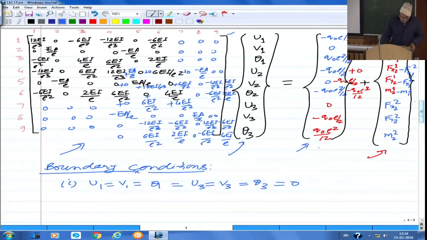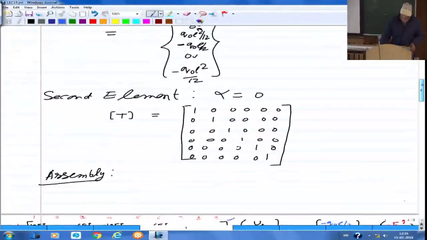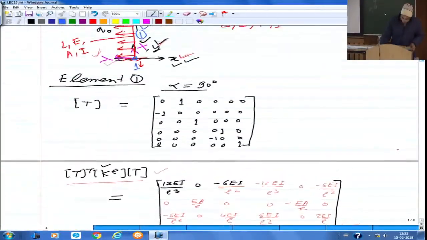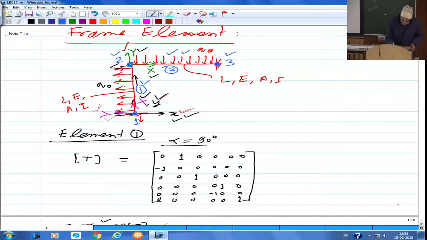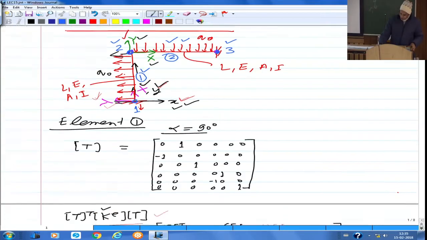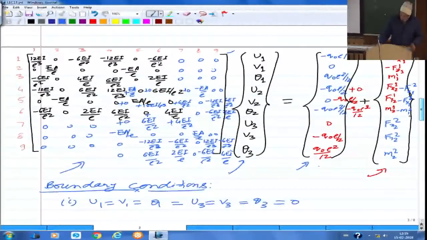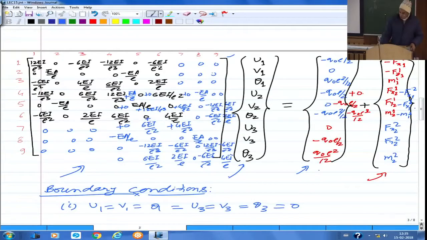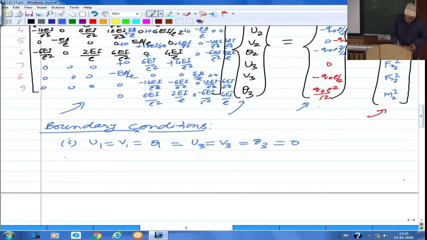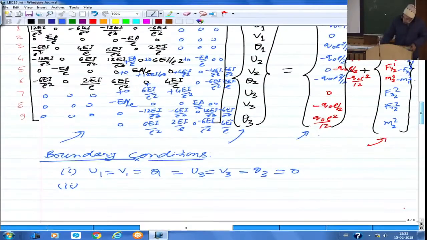Then if you look at node number 2, you will find at this particular node there is no concentrated force and moment. If there was a concentrated force and moment, then the difference of these internal forces coming from the first and second elements would be equal to those forces. For the problem at hand, there are no externally applied concentrated forces and moments at node number 2, so these would be 0 as we did earlier.